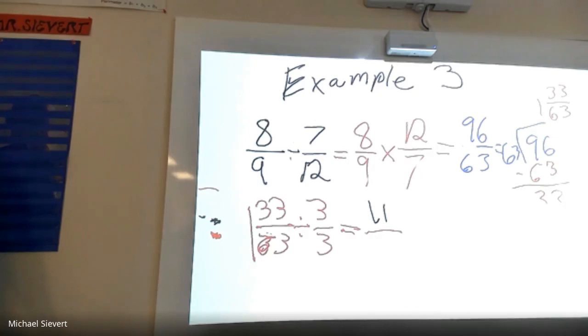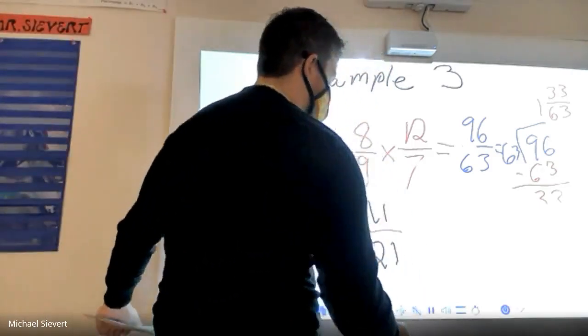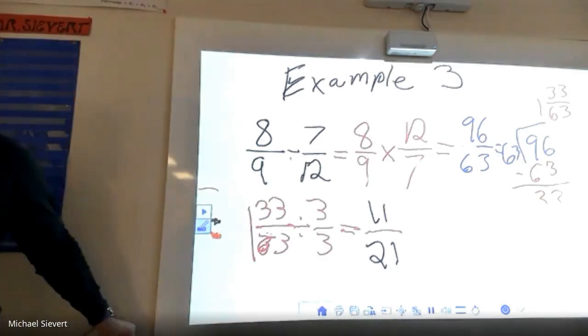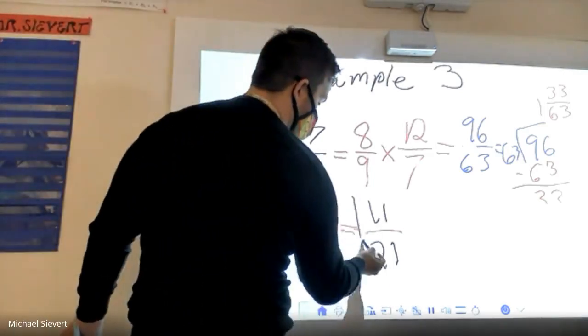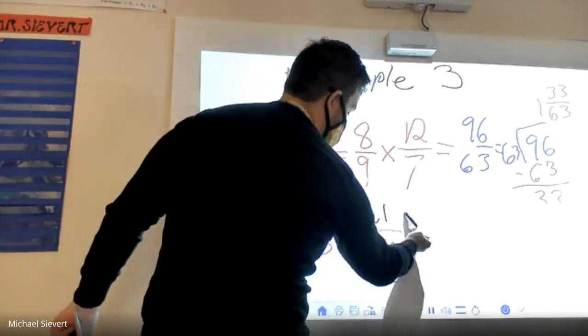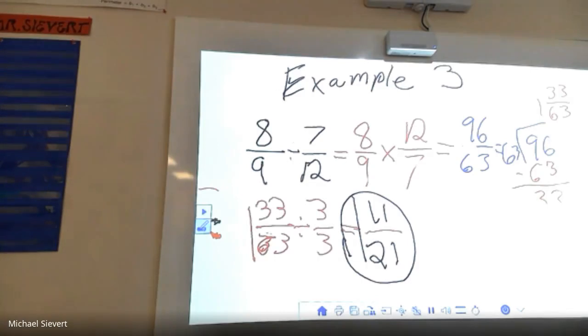Braylon? 21. So you rewrite this as 1 and 11/21. That'll be your final answer.